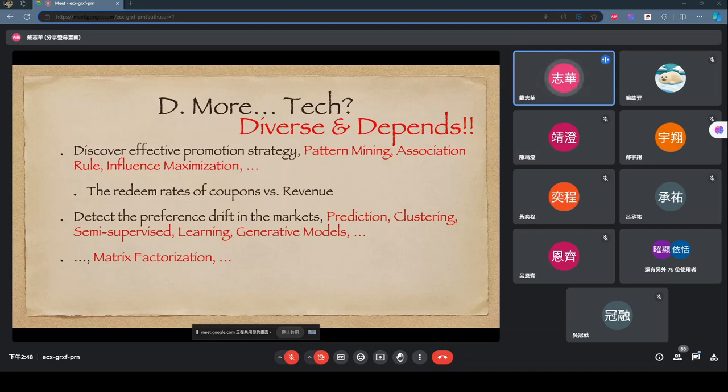So it's a help to classification and a help to clustering.